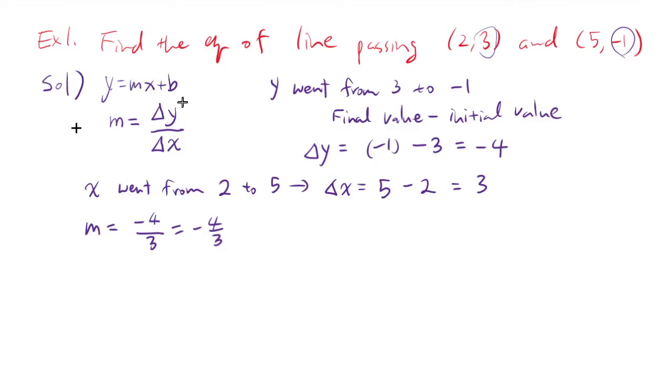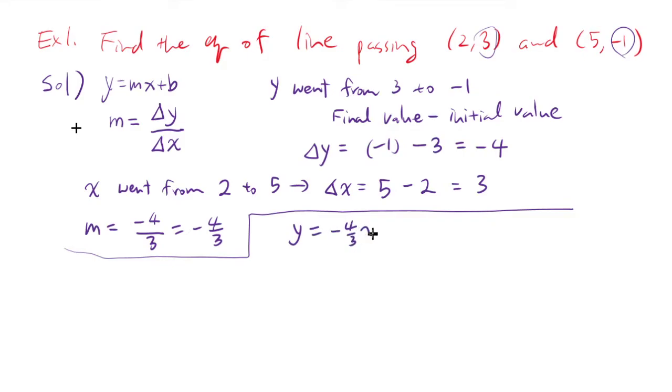Now we have to find the value of b. You may think of the previous part as step 1: you find the value of m this way, and we now know that m is negative 4/3, and we don't know what value of b is. Then you think about the condition that 2, 3 should be a point on this line.